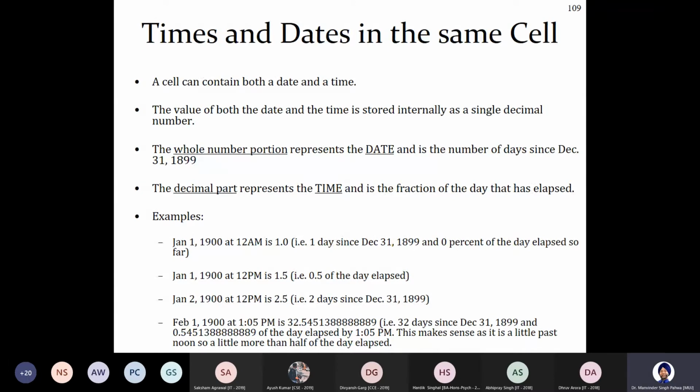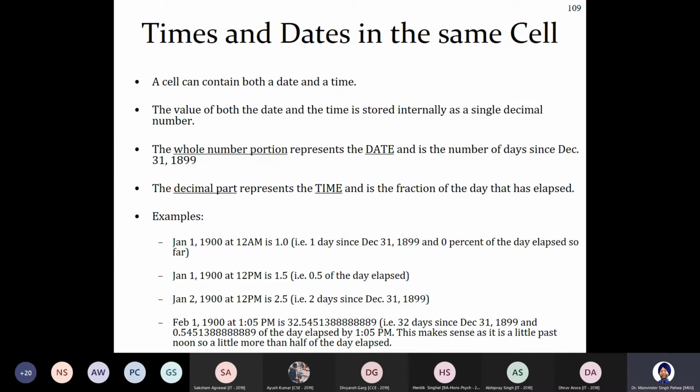So nobody in the universe knows when the time has started, and nobody knows till when it will go on. But in this case it will not work at all. We have to have some absolute zero. So that's why that absolute zero has been placed at 1st of January 1900 AD.